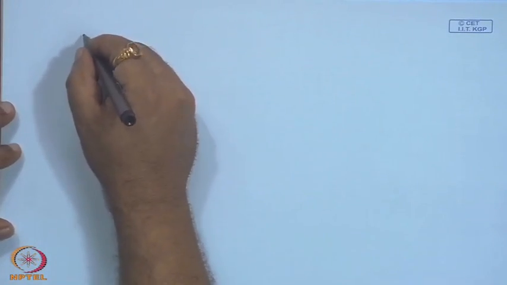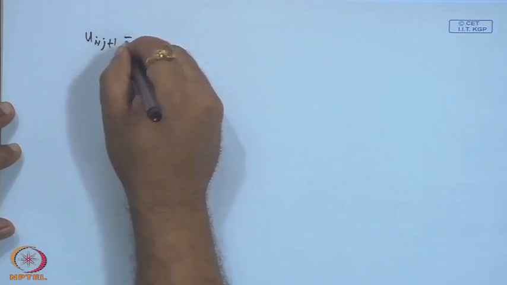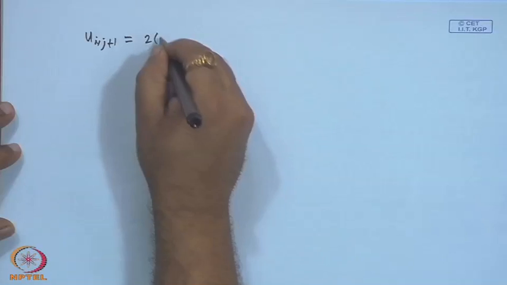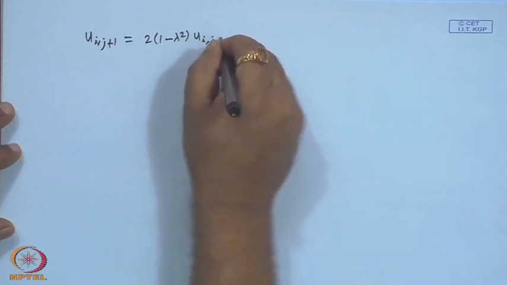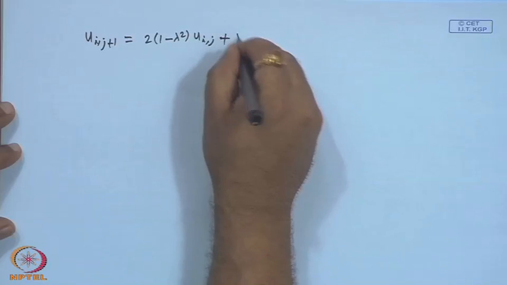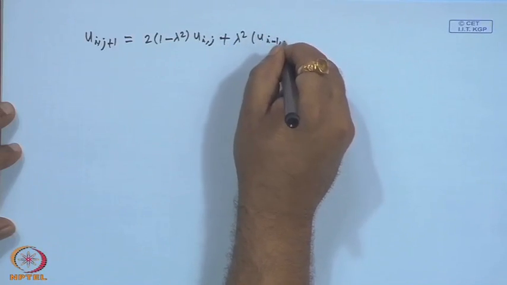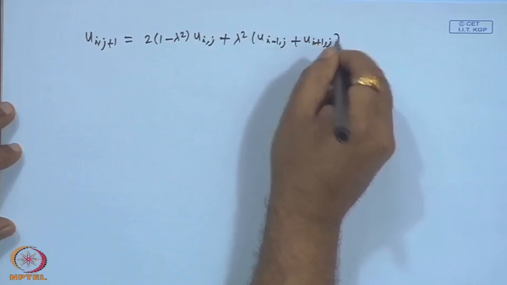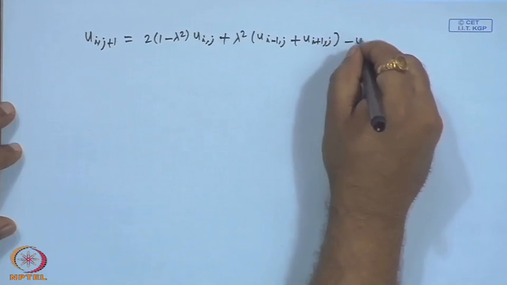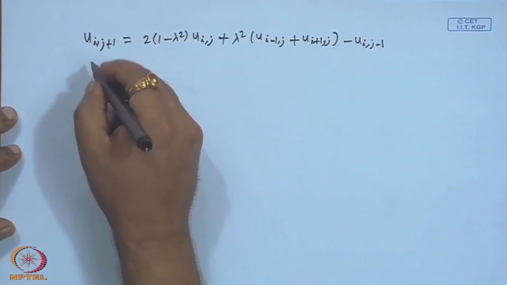The remark is: u_i,j plus 1 is given by this.